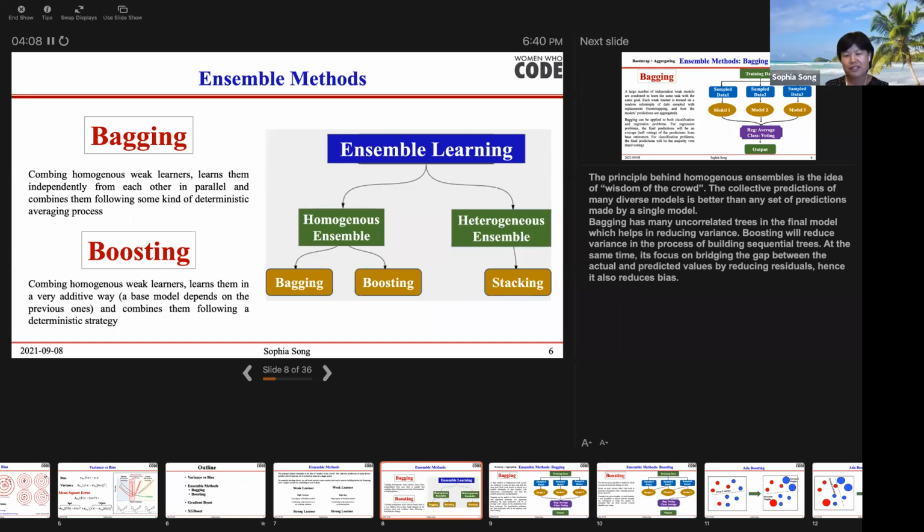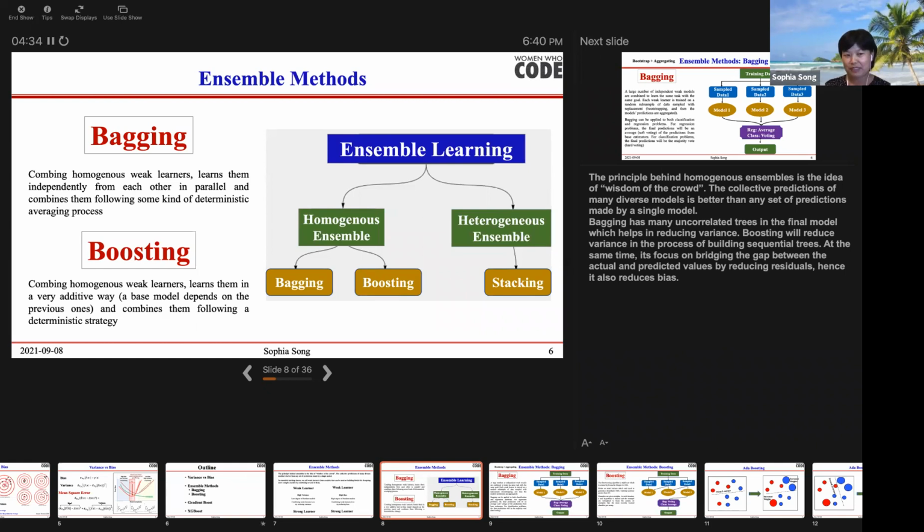However, today we will focus on the homogeneous ensemble, because it includes bagging and boosting. These two methods are decision tree based methods. Today we focus on XGBoost.